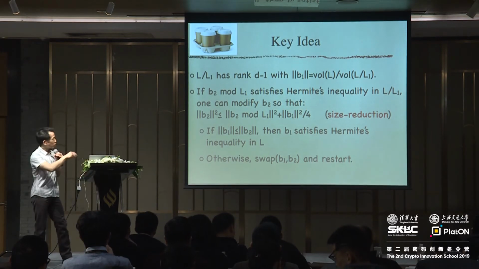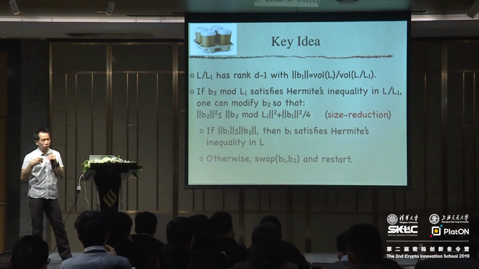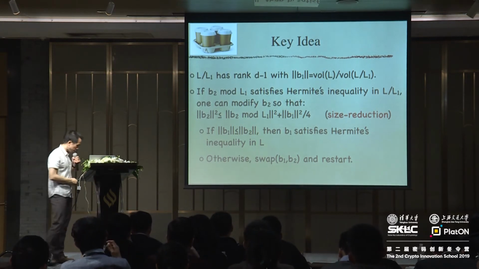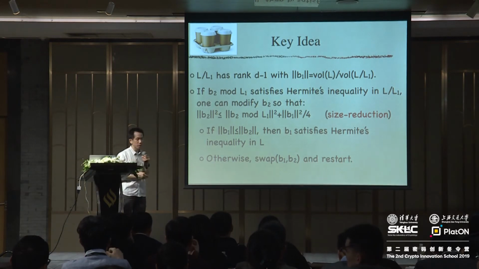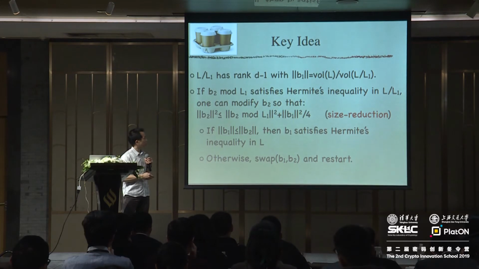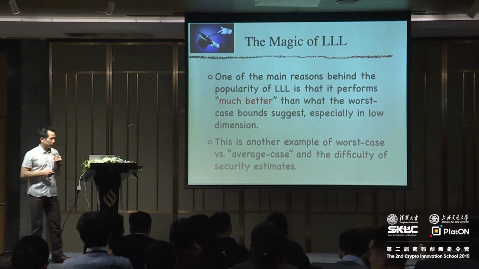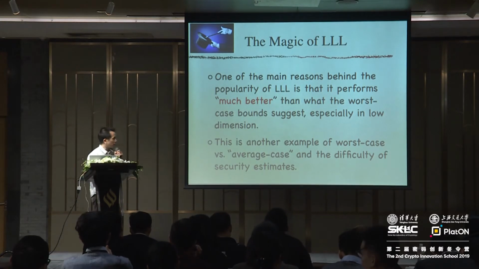So you have a short vector in the quotient, how do you lift it into a short vector in the initial lattice? That's a very simple operation. But that's not the end of things. So LLL somehow is a magical algorithm.